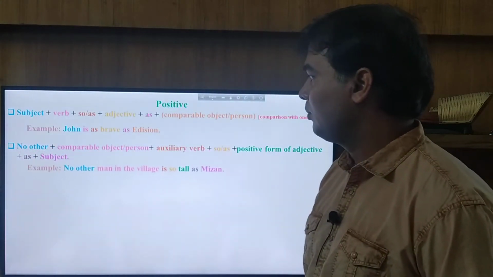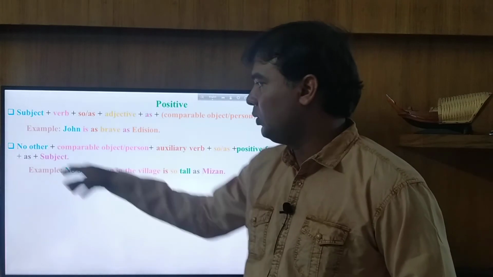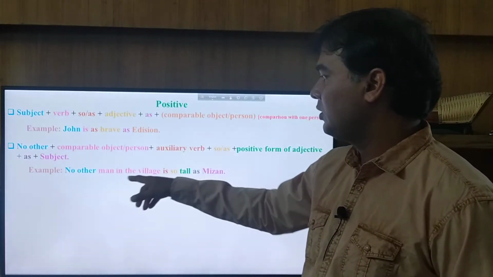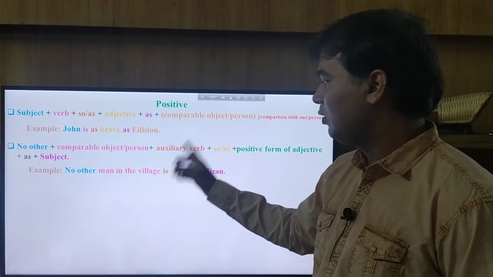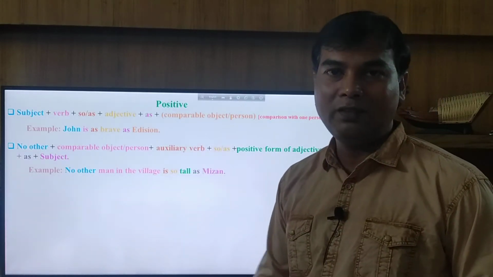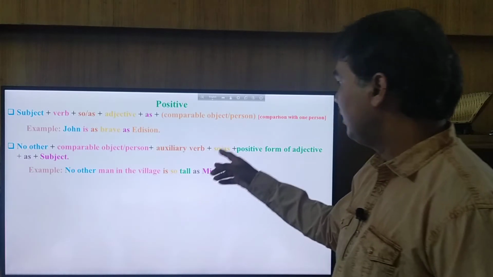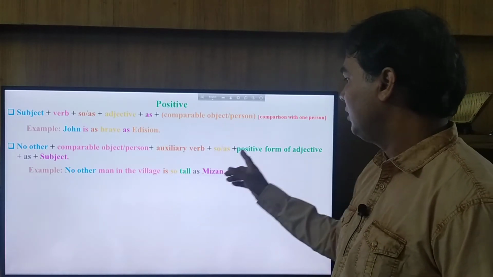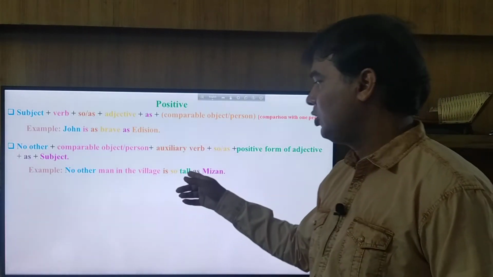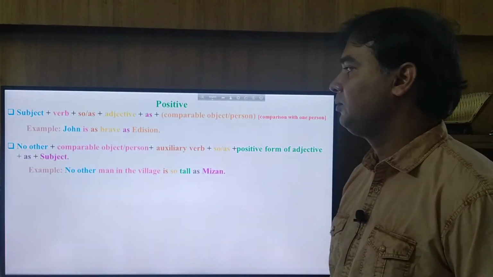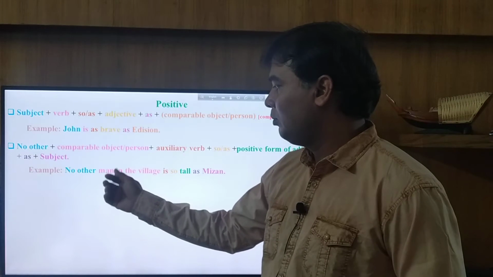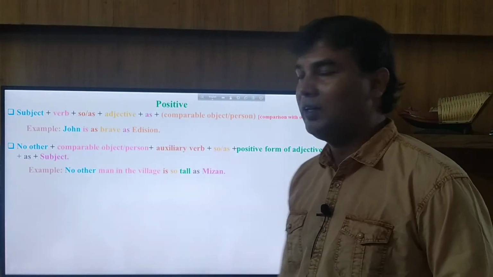You see the example: no other, comparable object or person, man in the village, then auxiliary verb, which may sometimes be a main verb, is, then "so", then positive form of adjective tall, then "as", and then subject Mizan. So: no other man in the village is so tall as Mizan.